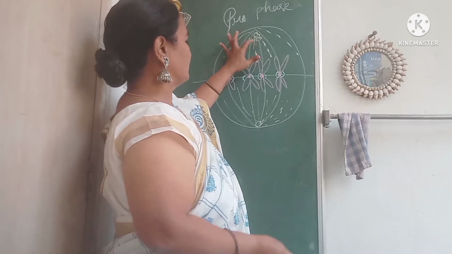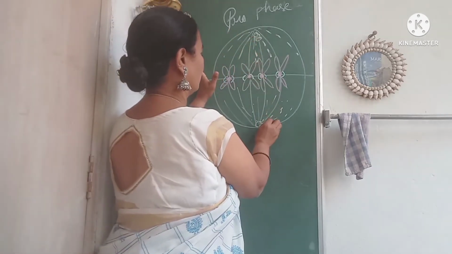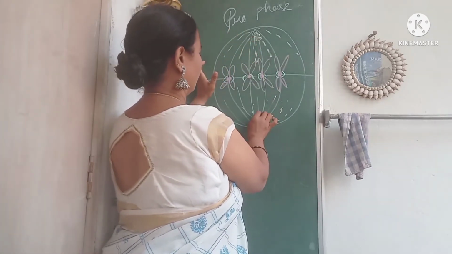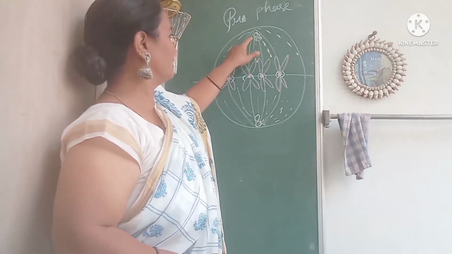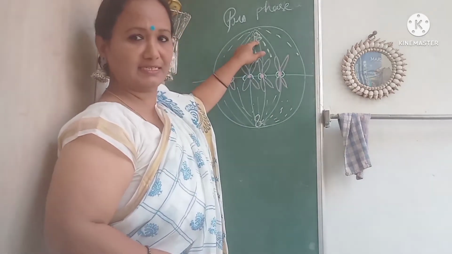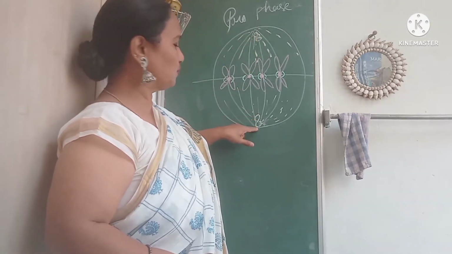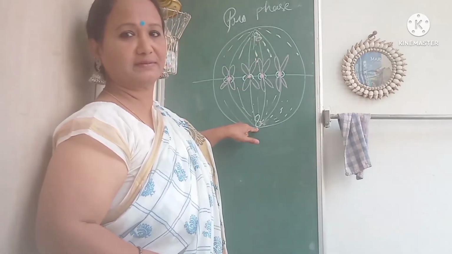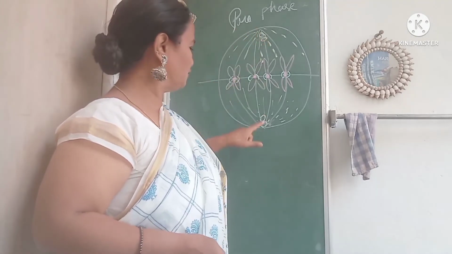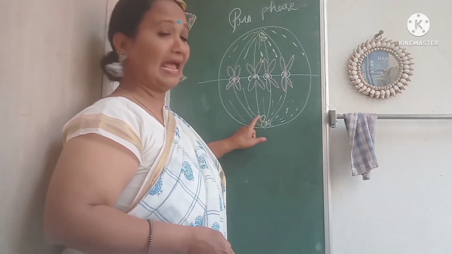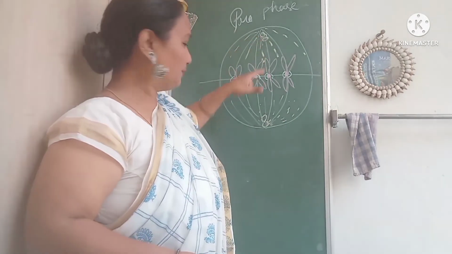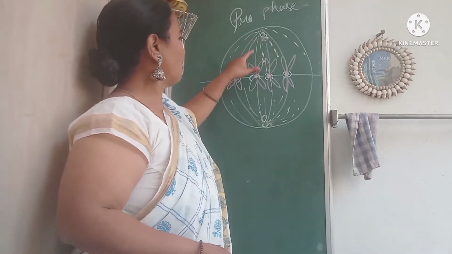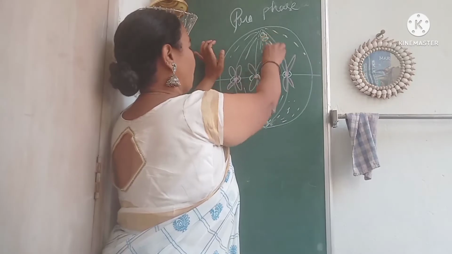Two pairs of centrioles, along with the asters, move to opposite poles of the cell and become situated in antipodal positions. Between the separating centrioles the spindle forms.